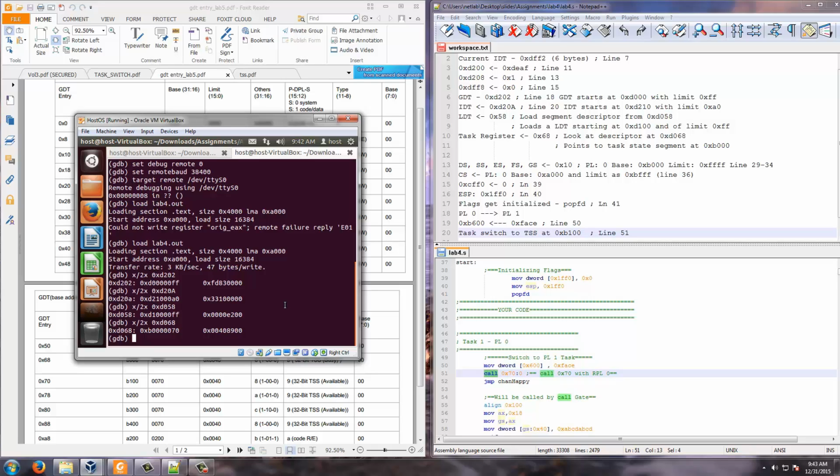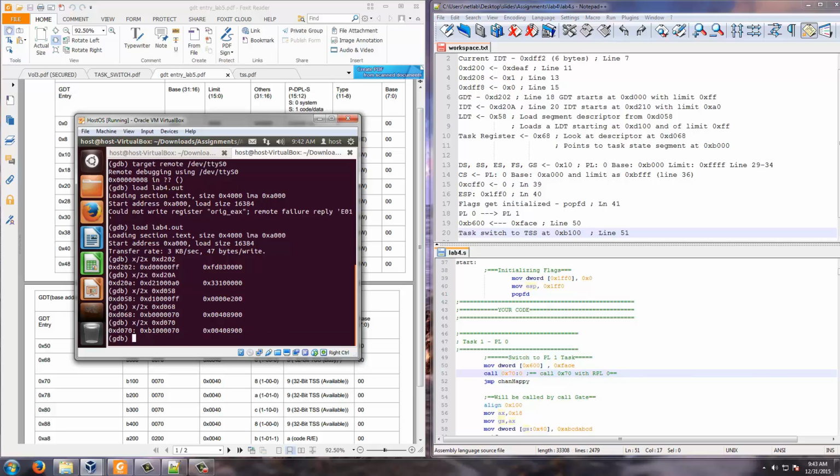One thing we need to see is where 70 is. It is at 0xD070. This is where the 70th descriptor will be, because your GDT starts at D1000. I am loading 0x70 in line number 51. Please note that this calls a task state segment.